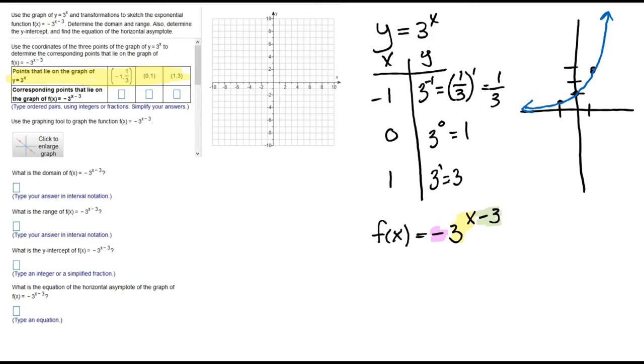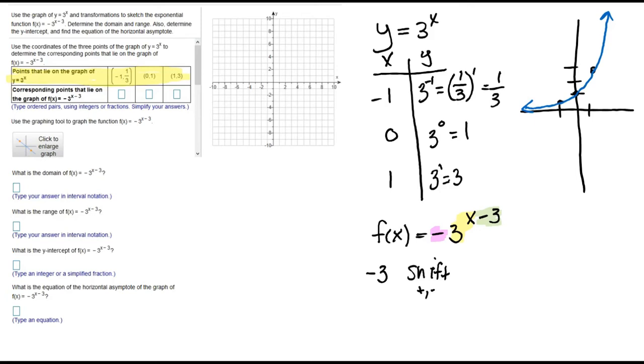So these are going to make changes to that graph. So let's start by talking about what that minus 3 would be. That minus 3 is going to be a shift. I know it's a shift because it has adding or subtracting. All shifts will have adding or subtracting on your function.